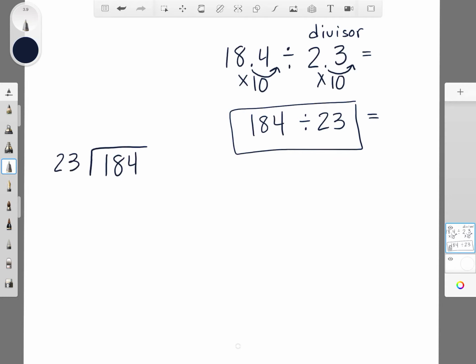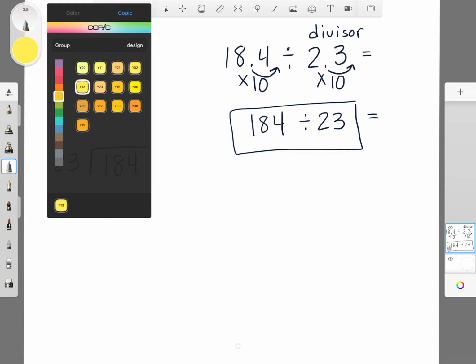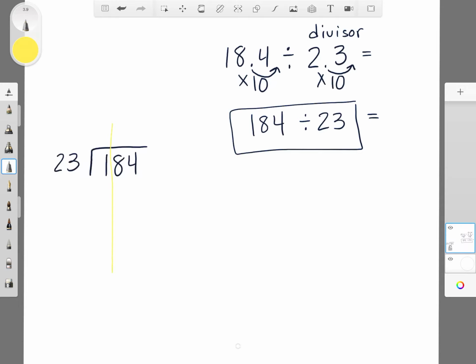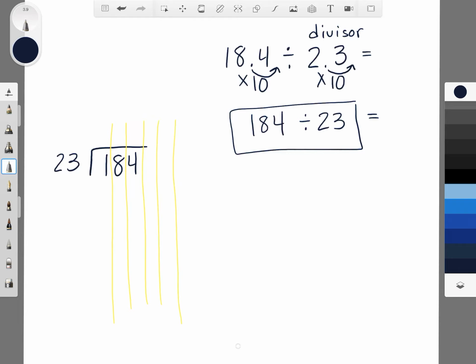184 divided by 23. Again, let's make our lines. We're going to go a couple more in case we go out there with decimals. And 23 goes into 1, 0 times. That's 0. Subtract it, bring down the 8. And 23 goes into 18 0 times.